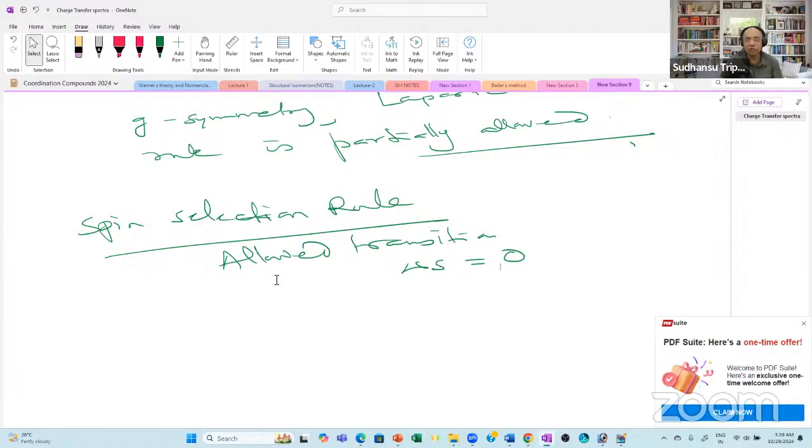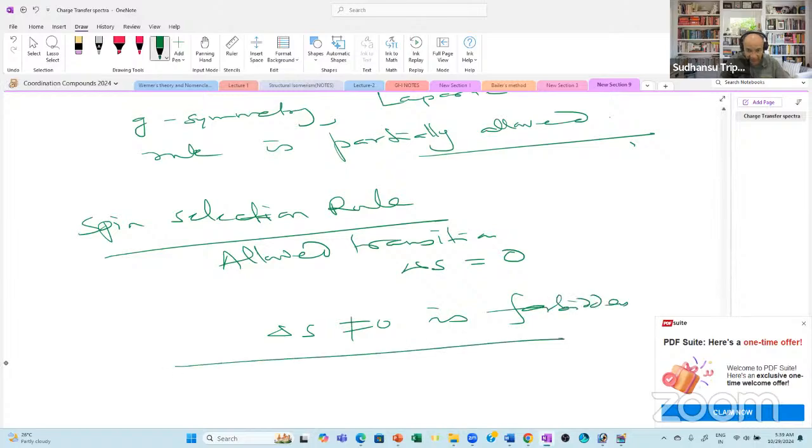That is disallowed. That also is partially broken due to spin orbit coupling. Allowed delta S is 0, delta S non-zero is forbidden. But partial breakdown of the selection rule occurs.